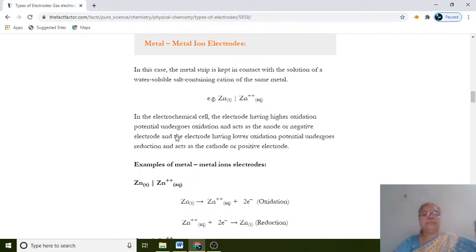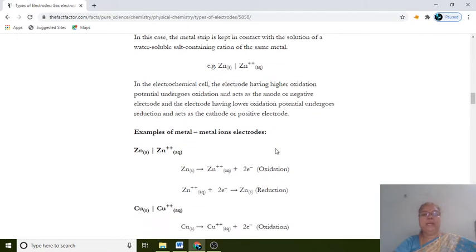Then in the electrochemical cell, the electrode having higher oxidation potential undergoes oxidation and acts as an anode or negative electrode, and the electrode having lower oxidation potential undergoes reduction and acts as a cathode or positive electrode.